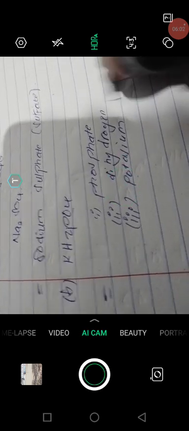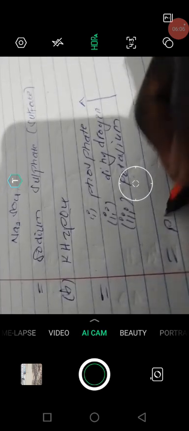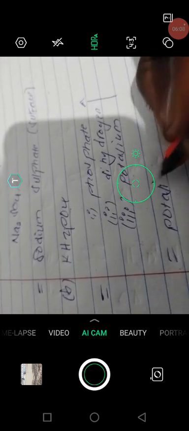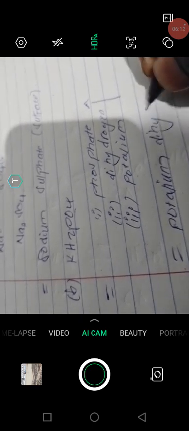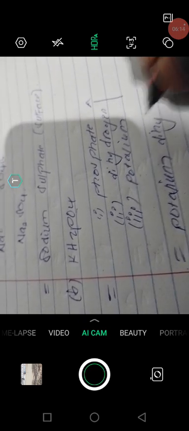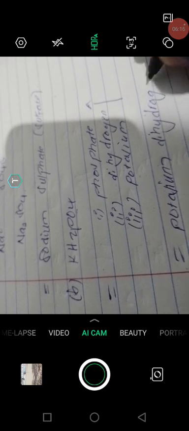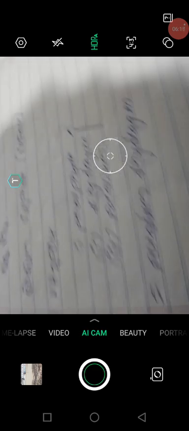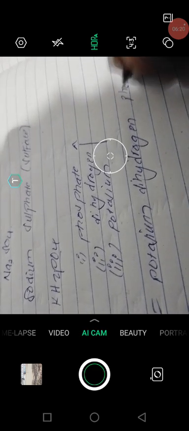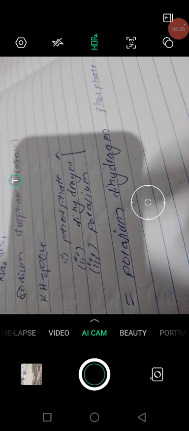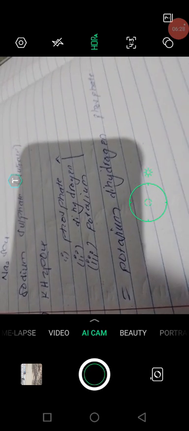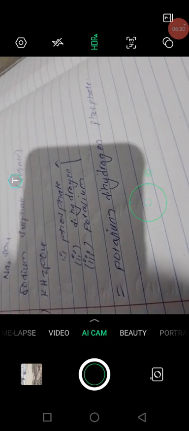So coming from here, going up, the name of this compound is potassium dihydrogen phosphate.